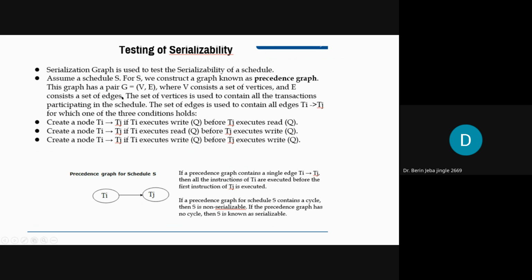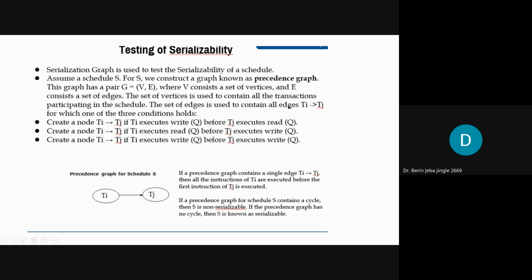There is a graph pair, G equals (V, E), where V consists of a set of vertices and E consists of a set of edges. The set of vertices contains all the transactions participating in the schedule. The set of edges contains all the edges, and the edges help to find the dependencies.